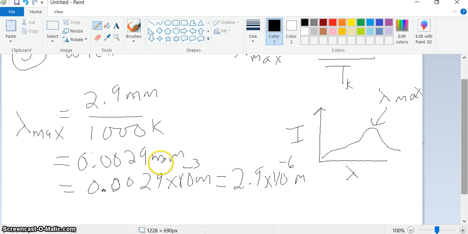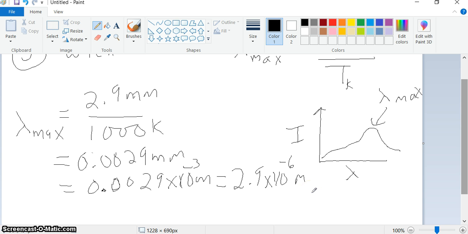So let's change the milli part to times 10, using our metric prefixes, which I talked about a little in the last video. Milli means times 10 to the minus 3. So you can simply replace the metric prefix with times 10 to the minus 3. So if I put 3 more zeros in front of this decimal place, and then to turn it into scientific notation, you'd move the decimal point behind the 2, so it's 2.9, and because there's 6 zeros in front of that, that would be 2.9 times 10 to the minus 6 meters.